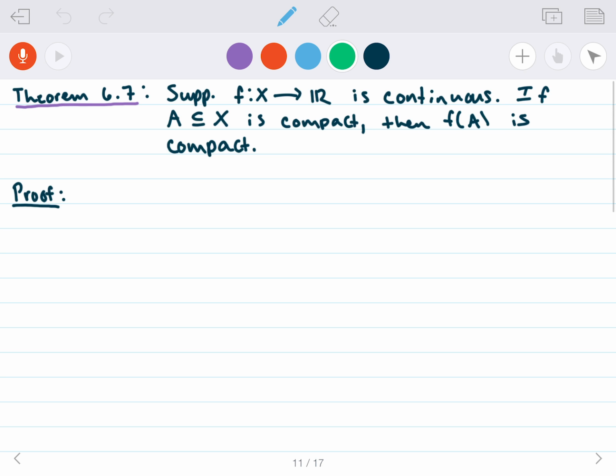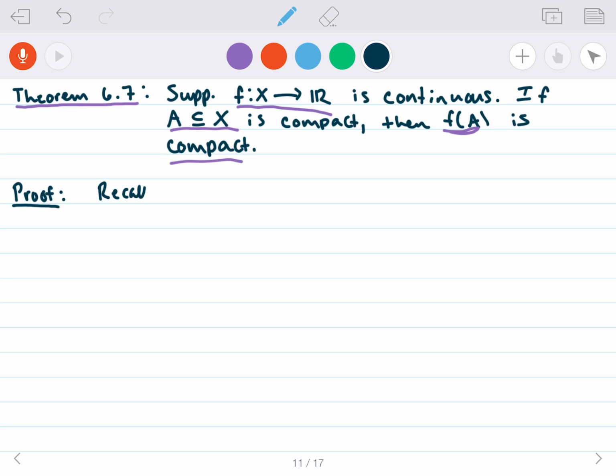So let's take a look at another useful theorem, 6.7. So if we have a continuous function from X to R, and if we have a compact subset of X, A, then the image of A, f of A, is going to be compact. Okay? So let's recall some definitions.